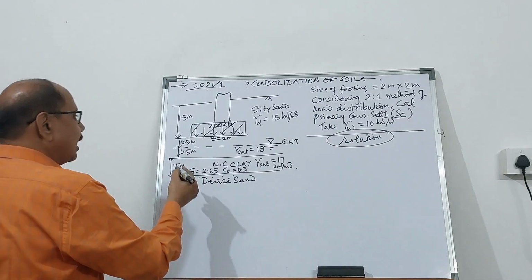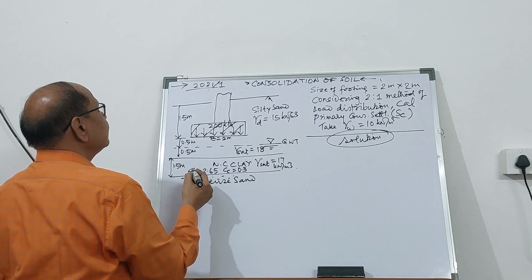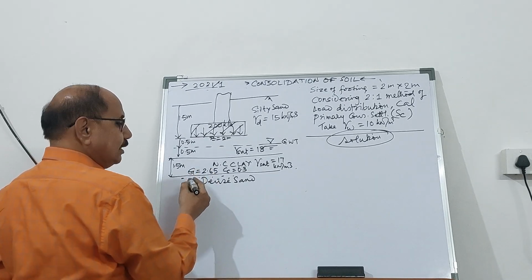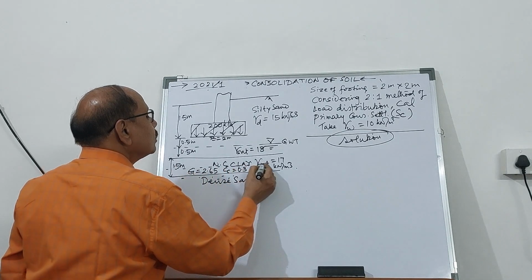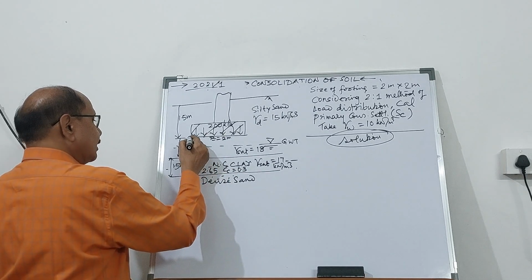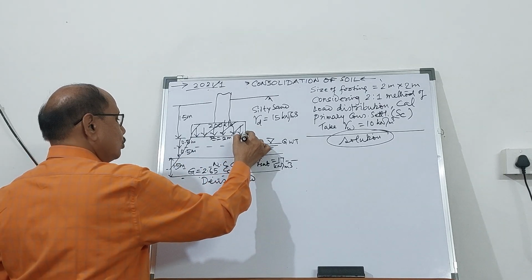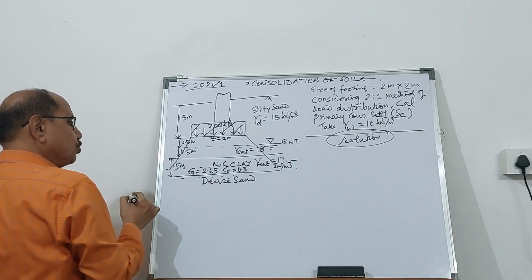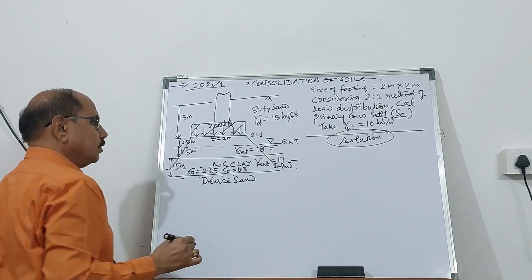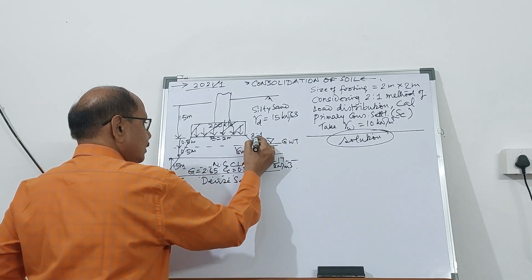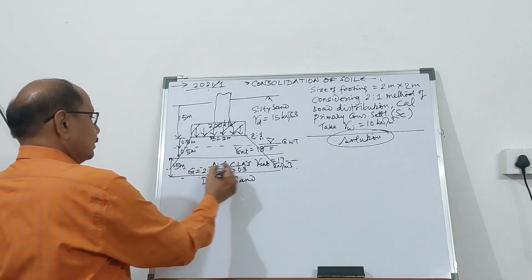Once again, I will show you the load distribution below the footing, and always at the midpoint, at the middle of the clay layer, you should calculate. So load is going to be distributed as 2:1. This is vertical, this is horizontal. And this is the clay layer.